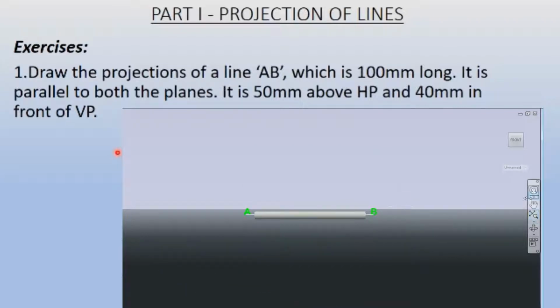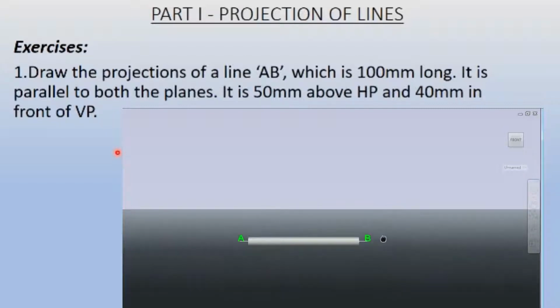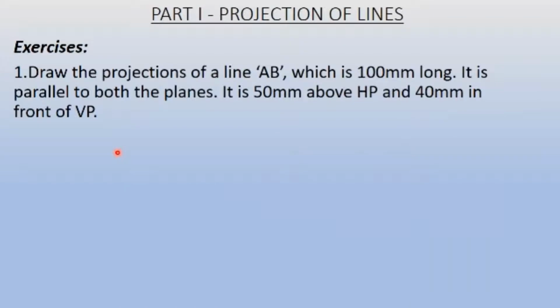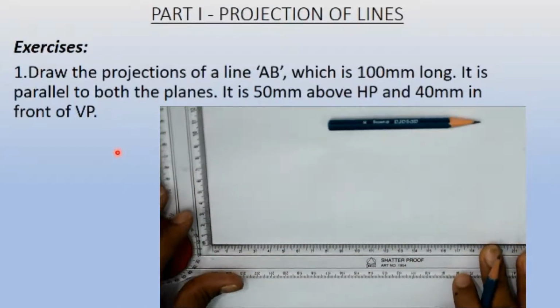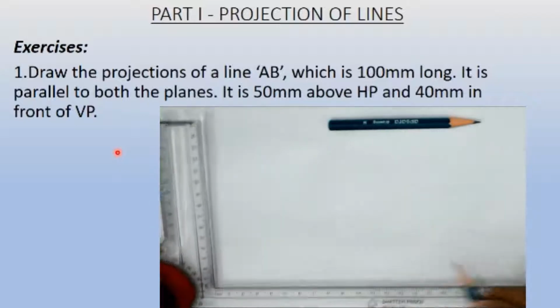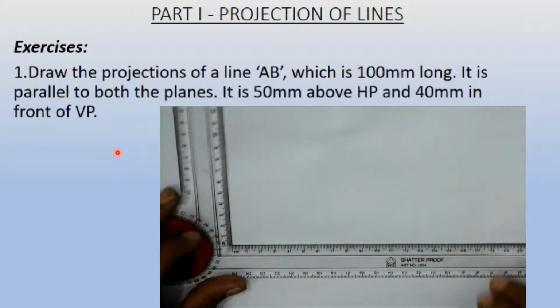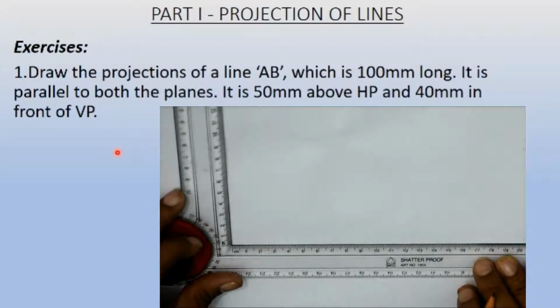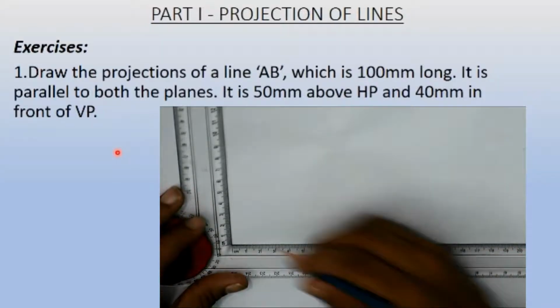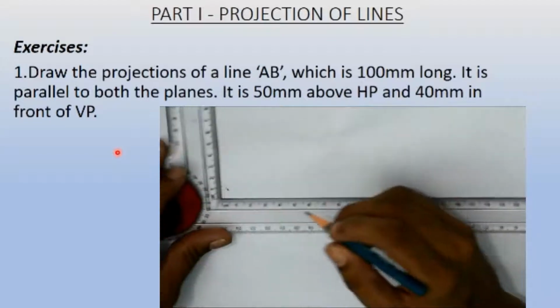Finally you will have a front view, a simple line AB, and the top view will also be a line. I will first start by drawing the XY line. This is our XY line. As I have said, the line AB is 50 mm above HP. So I have to take a distance of 50 mm above.